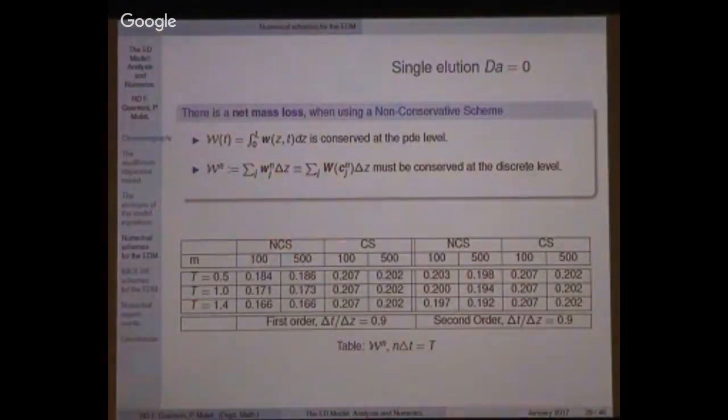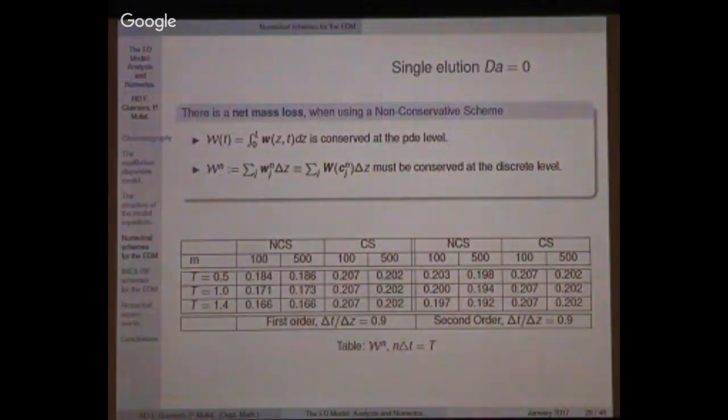And you look at the non-conservative formulation, you have a first-order scheme or a second-order scheme. The non-conservative formulation, the one of the chemical engineers, versus the same thing but conservative, that is computing, updating the W's. And you see here that what should be conserved is conserved while you're losing mass here.